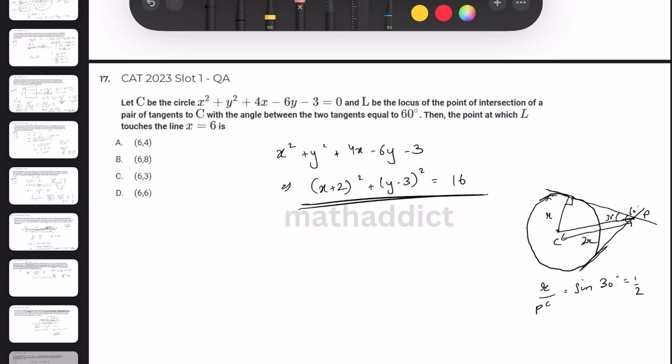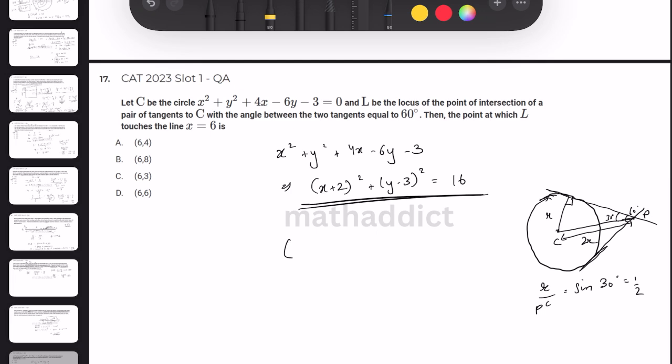So that means that if a point is at a distance of 2r from the center of a circle, then the tangents drawn from that point to the circle would contain an angle of 60 degree. So that means it is a concentric circle of twice the radius of our original circle.